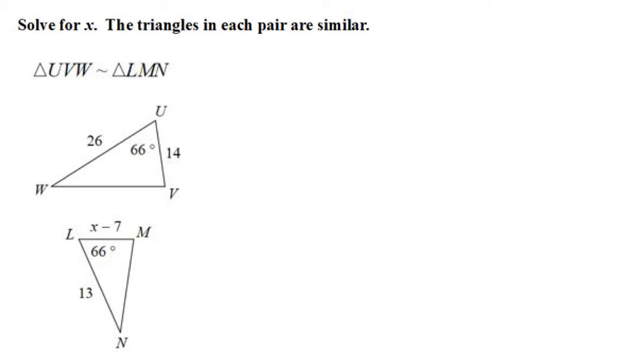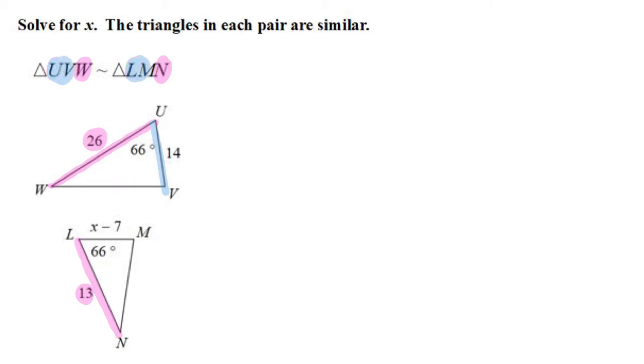For the next example, I'm again going to start by identifying my corresponding sides. I'm given the side length of 26, and in the first triangle it is UW, which is the first and the last letter. So the first and the last letter in the second triangle is LN. So that corresponds to LN, which is 13. Then I also have UV, which is the first two letters.